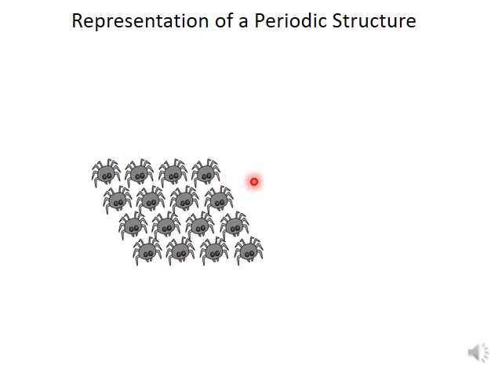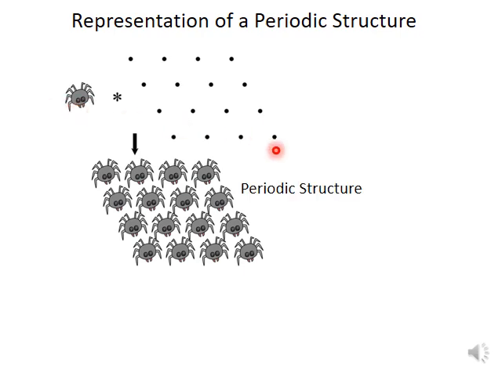You can deconstruct such a periodic object into these two things. So you have a set of points which repeats itself in space, and you have an object which is being repeated in space. So a periodic structure can be deconstructed into a set of points which I would call a lattice, and a repeating motif, the object which is being repeated.